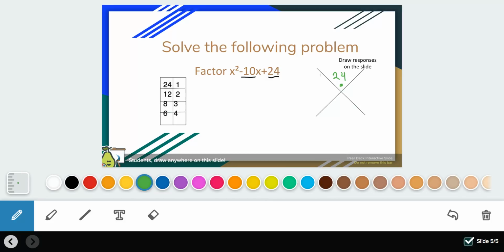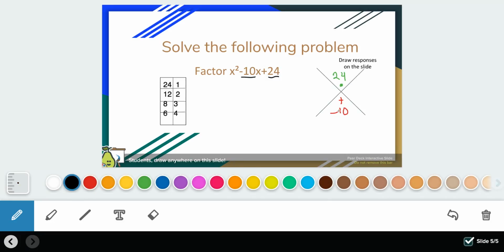That's the multiplication. That's how I use what is called the X method. And when I add them, whether they're negatives or positives, they're gonna have to add up to give me that -10.